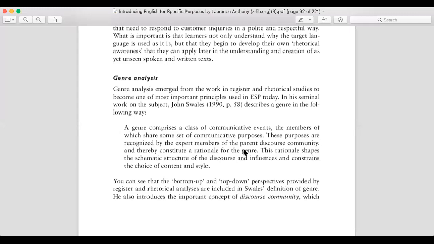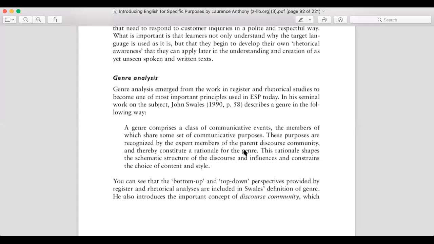It is a part of business discourse to write business letters, business reports, to make speeches, to write business emails, to write down your CVs and cover letters. So this is done through genre analysis.